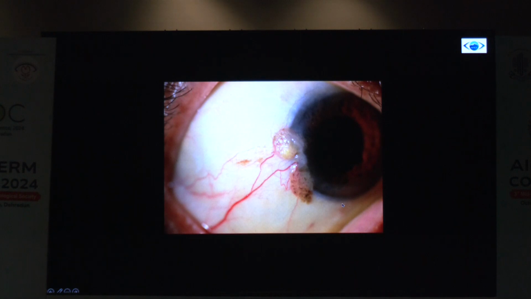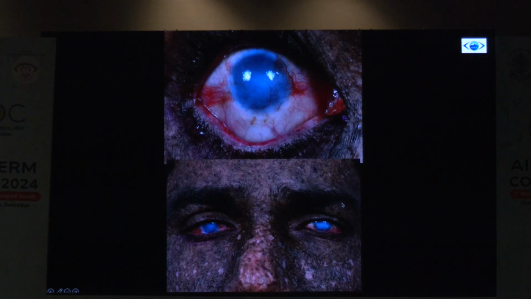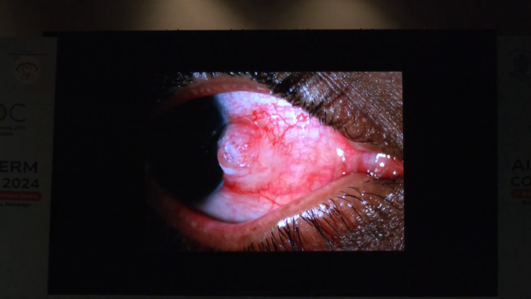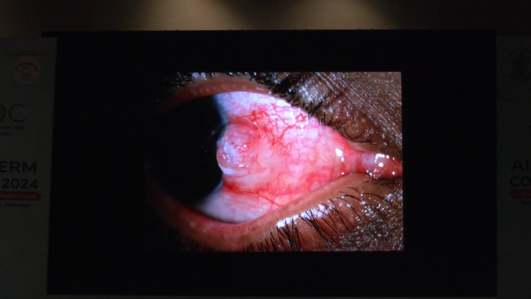It can be a pigmented OSSN or a diffuse corneal OSSN in a case of xeroderma pigmentosa treated with topical interferon. Nodular OSSN with rose bengal positivity is seen in this case, or it can at times closely mimic scleritis.